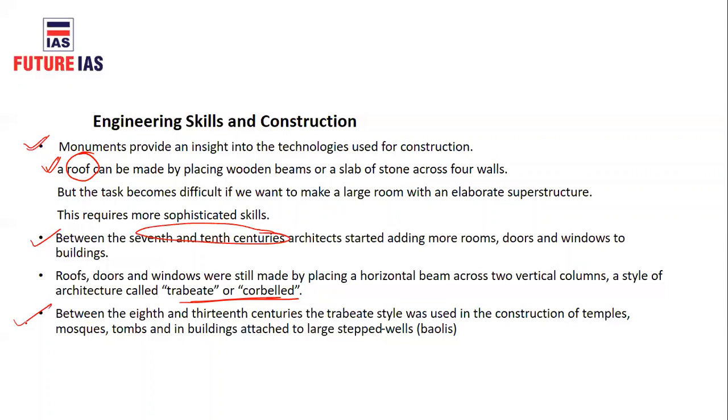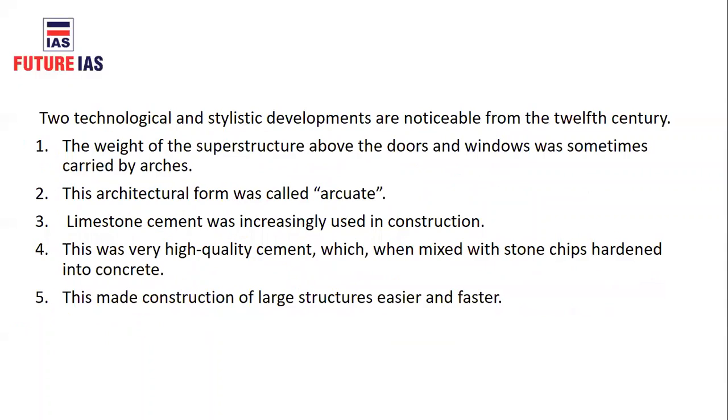And between the 8th and the 13th century, this trabeate style of architecture was used in the construction of temples and mosques. Now the technology for the grand splendor of temple construction became noticeable from the 12th century onward.